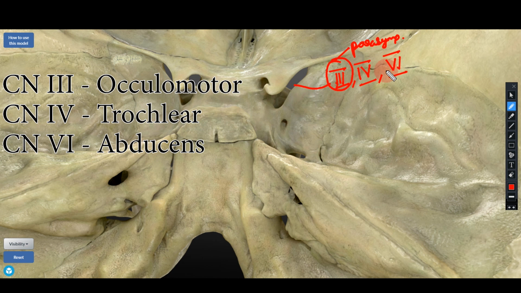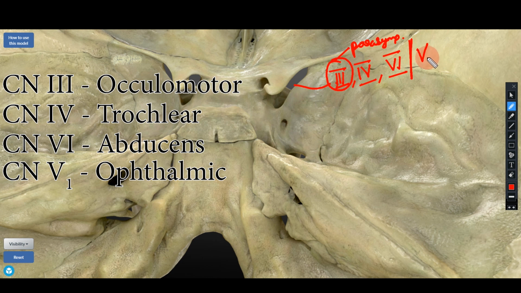Along with 3, 4, and 6, you also have V1. What do you mean by V1? V is trigeminal nerve. V1 means the first division of the trigeminal nerve. Trigeminal nerve, as you know, has 3 divisions: ophthalmic, maxillary, and mandibular. So the ophthalmic nerve also runs along the superior orbital fissure.